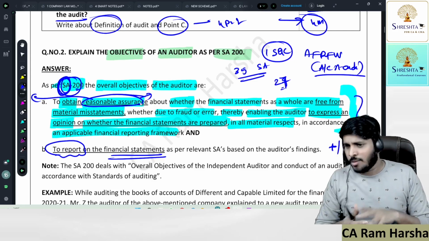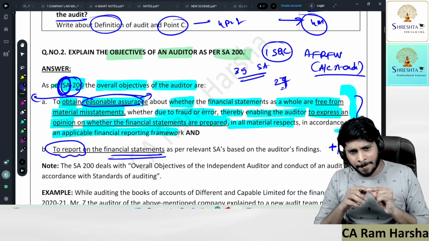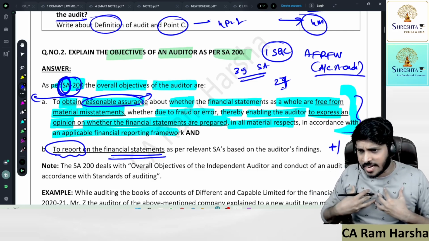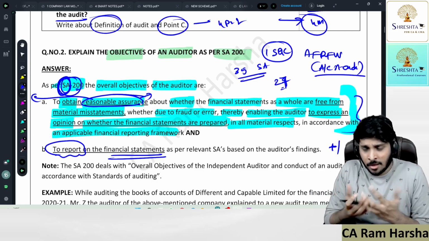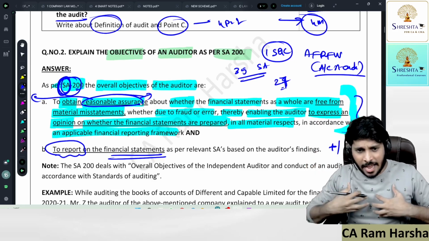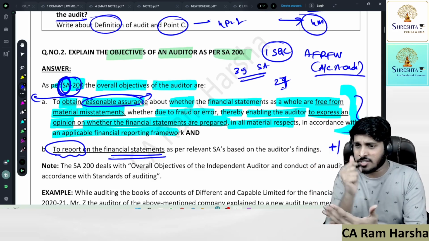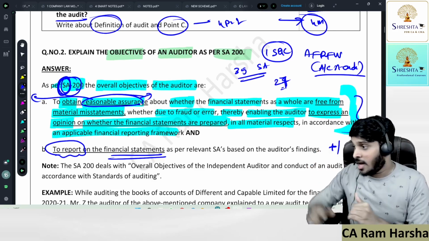But do you know audit itself is an assurance? By giving our opinion, people believe in the balance sheet and P&L, correct or not? I will go and verify the balance sheet and P&L and certify. Because of the certification, what is happening?